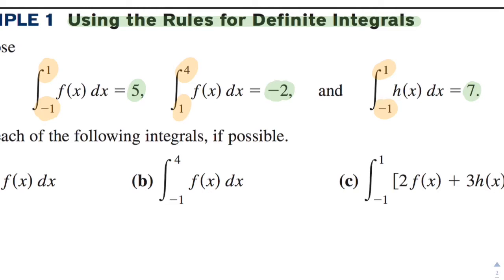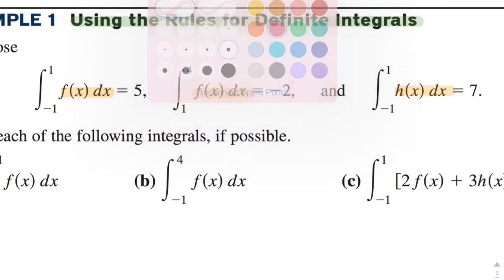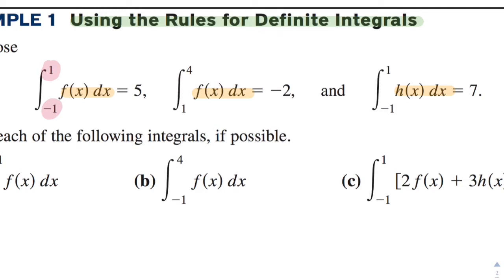You'll notice as well that we have some different functions: f of x dx, f of x dx as the same function, and h of x dx. You'll notice further, hopefully, that these go from -1 to 1 and from 1 to 4, so you will see that they could get extended from -1 all the way to 4.